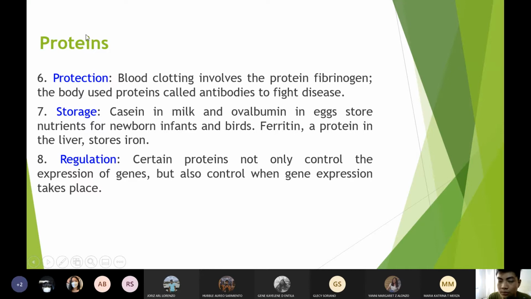And storage, what could be an example here? Let's say lipoproteins. It is used in transport and sometimes also used for storage. And lastly, for gene regulation. That's all, you don't need to memorize that. But those are some of the many functions of proteins.